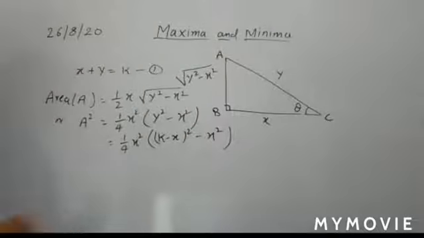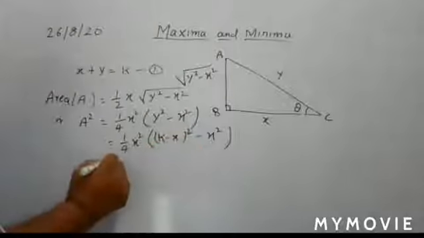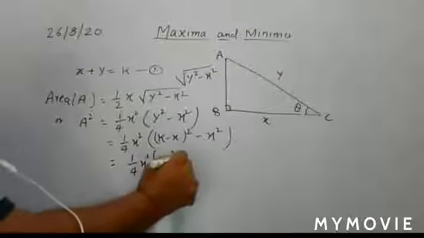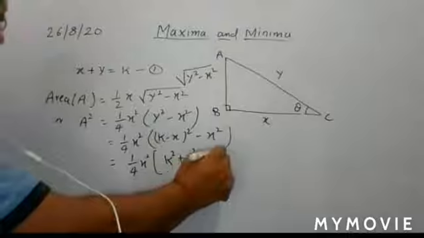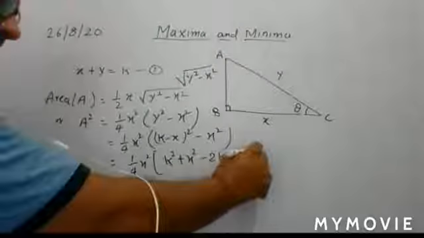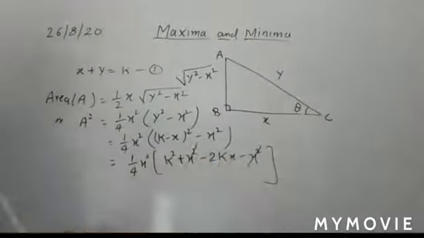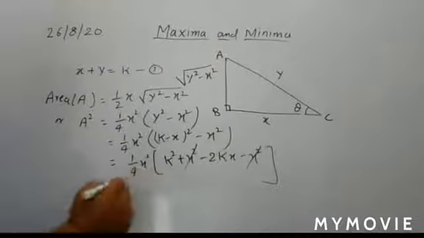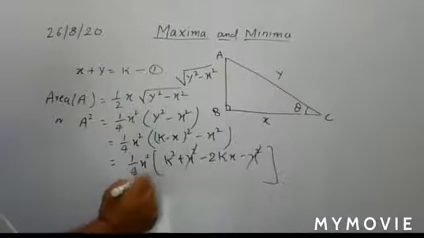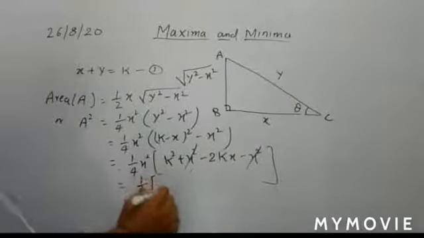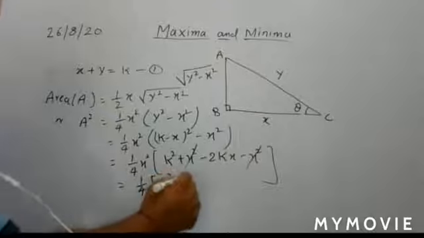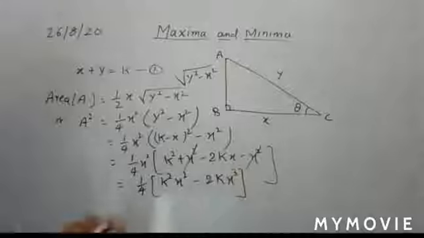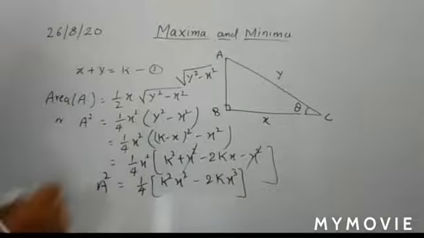That is equal to 1 by 4 x square into k square plus x square minus 2kx minus x square. So x square and x square cancel out. Now multiplying each term by x square, you have 1 by 4 into k square x square minus 2kx cube. So that gives the value of A square.